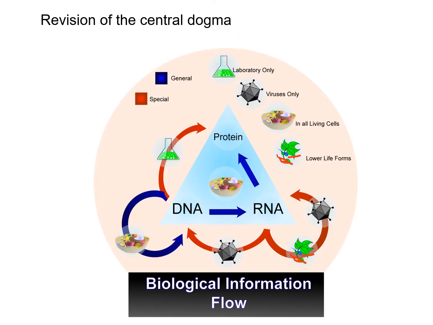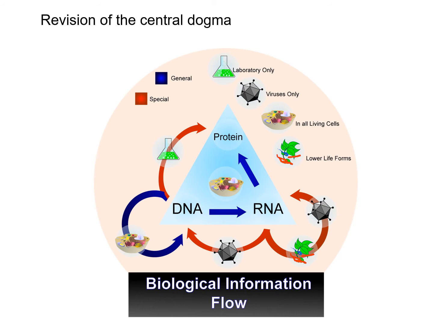At the beginning of the last lecture, we talked about the central dogma of biology, that DNA makes RNA and RNA makes protein. But here's a little bit of a revision and the addition of a special path too, where the DNA can make the protein directly in the lab using some bacterial systems such as E. coli to make recombinant proteins.